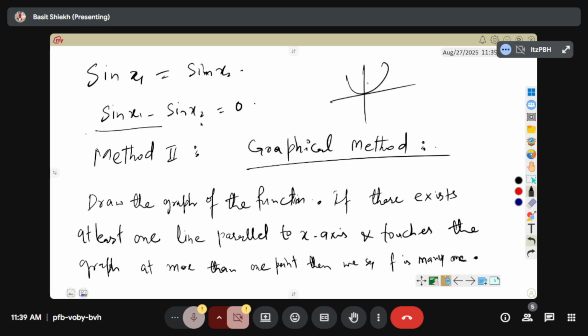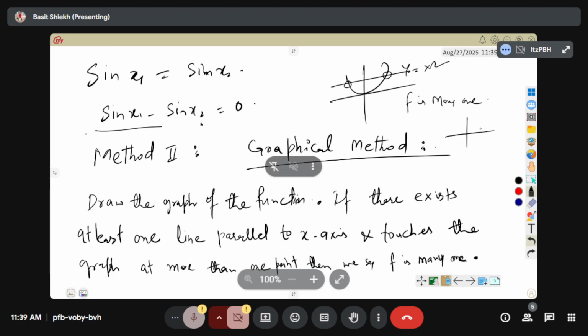Take this example, y equal to x square. We draw this line, x equal to 2. It touches our graph at more than one point. Then f is many one. If it is not many one, then it's one-one.